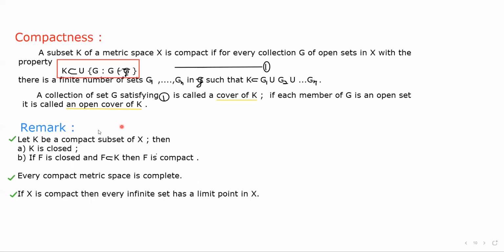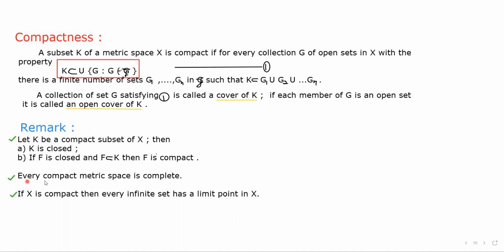So the property is that a compact subset K of X is closed, and if F is closed and F is a subset of K, then F is compact.